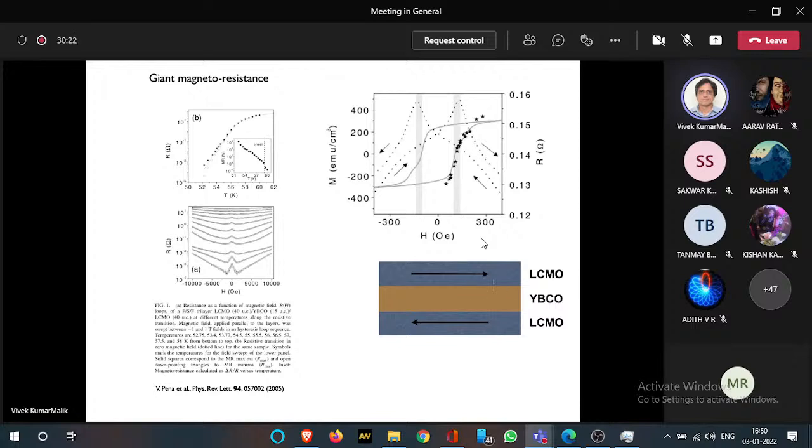When the magnetizations of both LCMO layers are anti-parallel to each other, you see a large magnetoresistance. In figure 1A, you can see the magnetoresistance keeps increasing here and goes away when it is in the normal state. But this magnetoresistance occurs only close to the transition temperature.